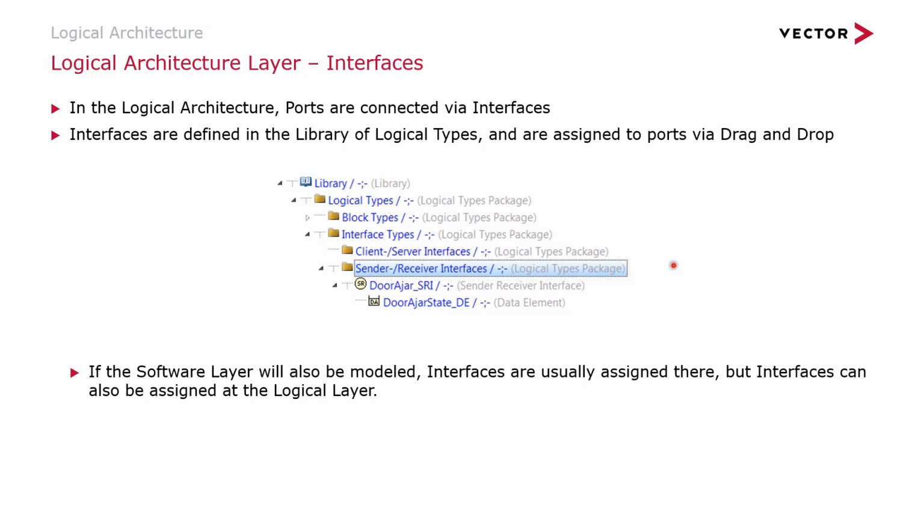However, if you want to do it in both places, you certainly can. Or if your process does not include using the software layer, then creating and assigning the interfaces at the logical layer is perfectly acceptable and supported.